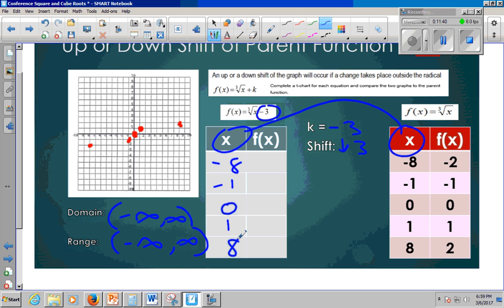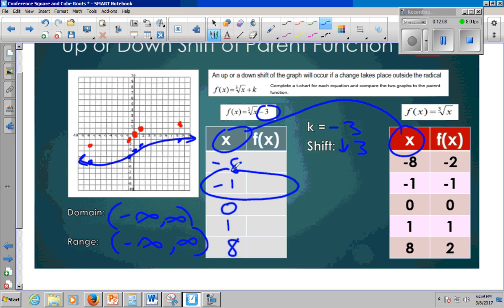Okay. But actually what I want to do here is show that if we take the point on the parent and we were to lower each point 3, what we're going to get is our new graph. And we can go ahead and verify a couple points. So we want to verify this one right here.